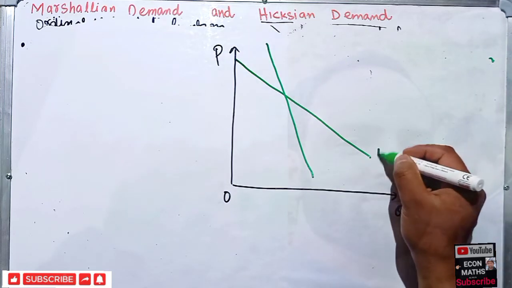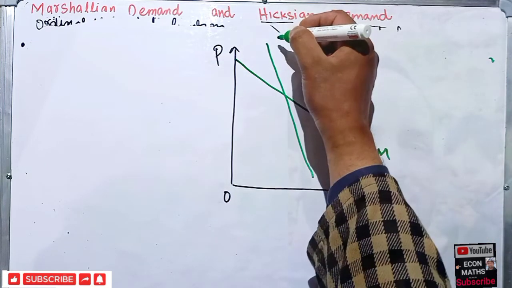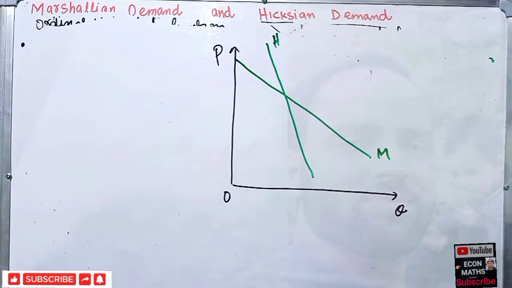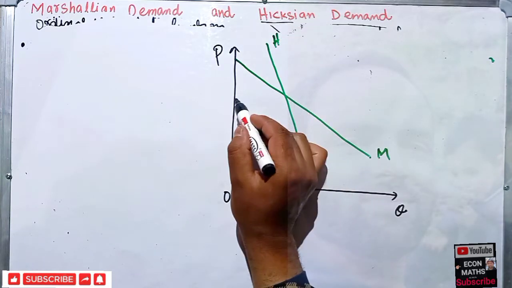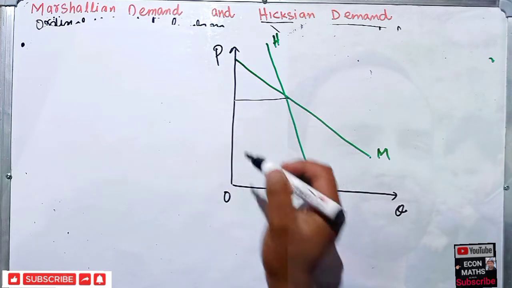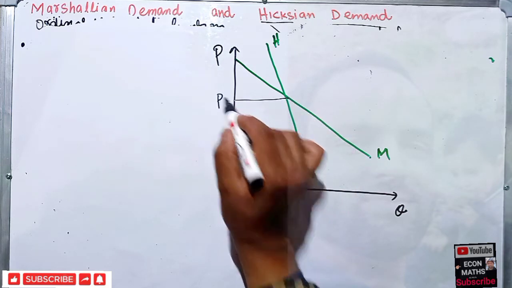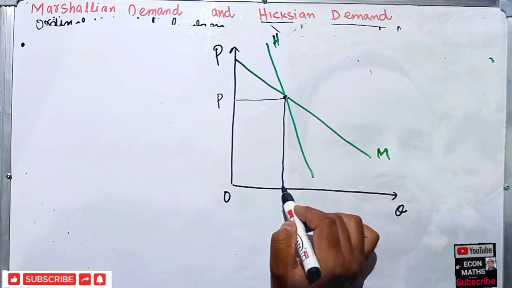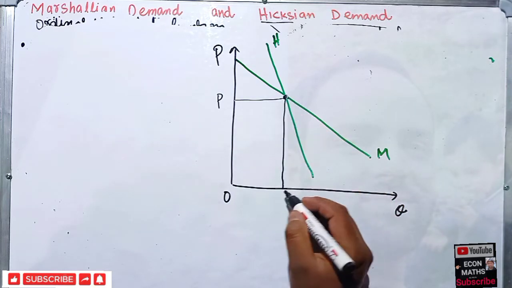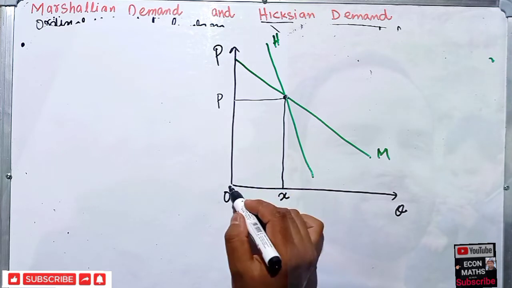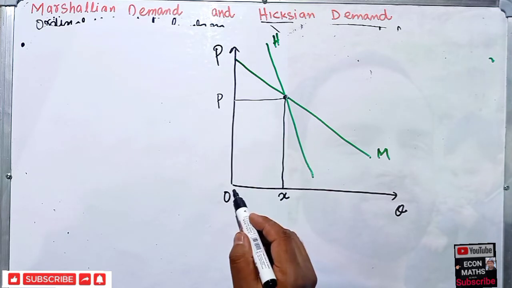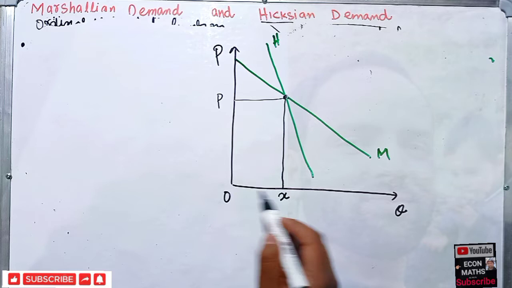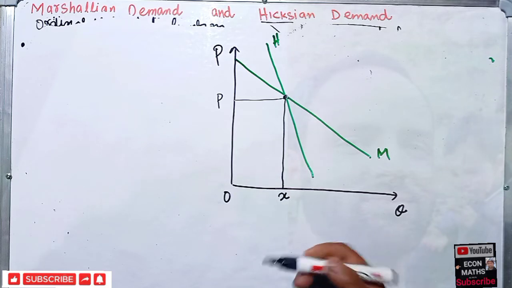This is the Marshallian demand curve, and this is the Hicksian demand curve. Let us say initially the price was OP, and quantity demanded on both curves was X. So with OP as price, the consumer can demand OX of the quantity.